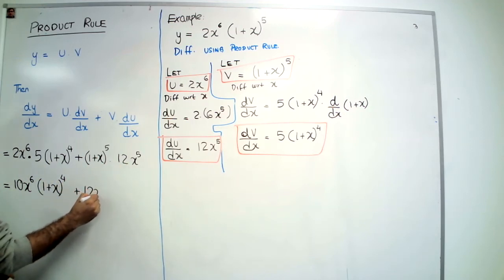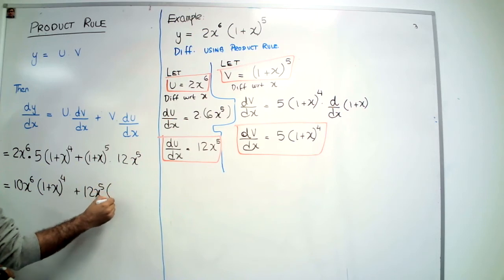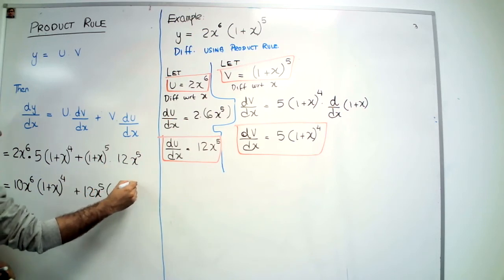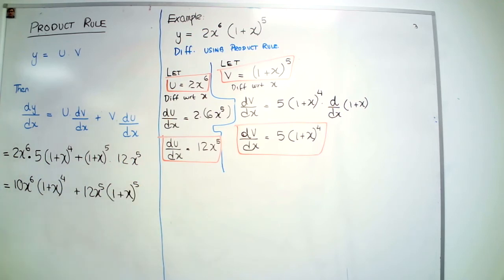I can write it here, it doesn't matter how I write it; you can write before or after. 1 plus x to the power 5. Now I cannot multiply that inside, and I cannot multiply that inside. But what I can do is simplify. Let's do one simplification.